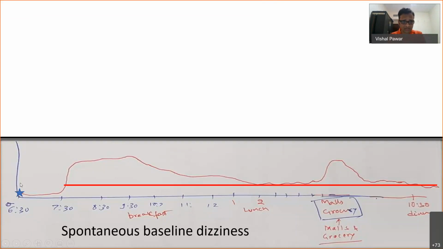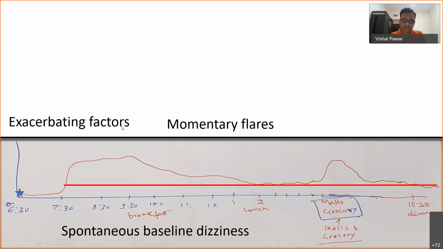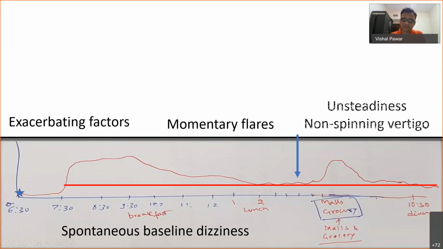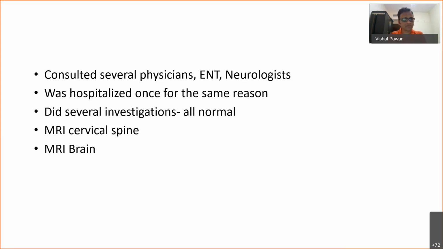But as the day progresses, as he takes a bath and has his breakfast, he starts checking his balance, then he feels dizzy, and it is worse in malls and grocery stores. On top of that, he has a lot of momentary flares of dizziness, in the form of unsteadiness and non-spinning vertigo.